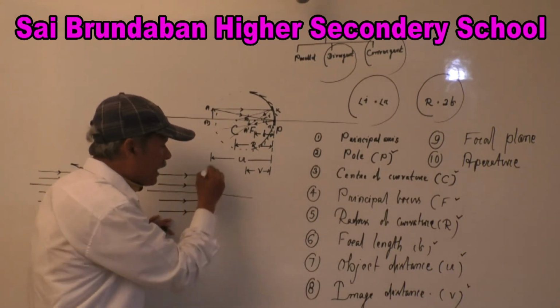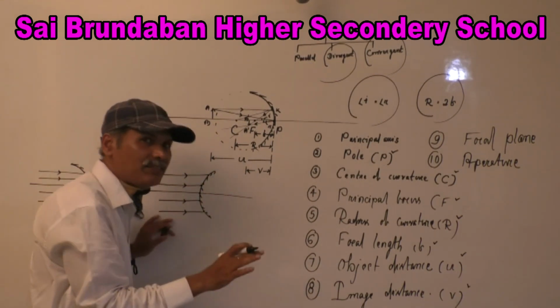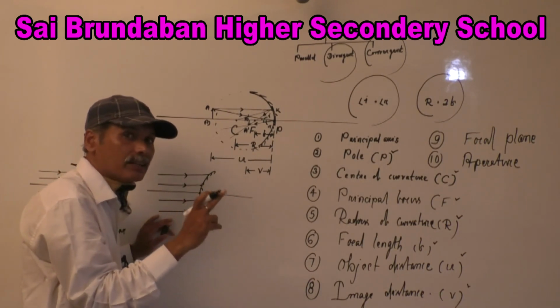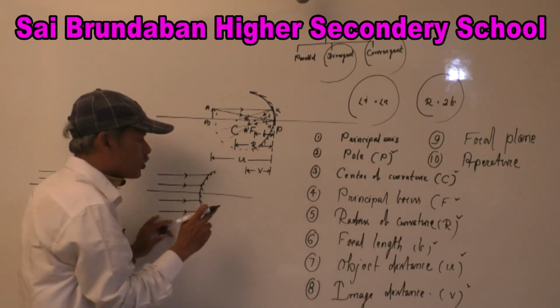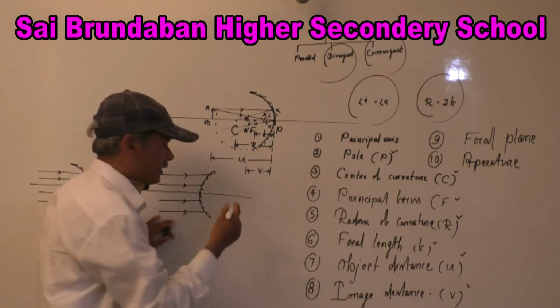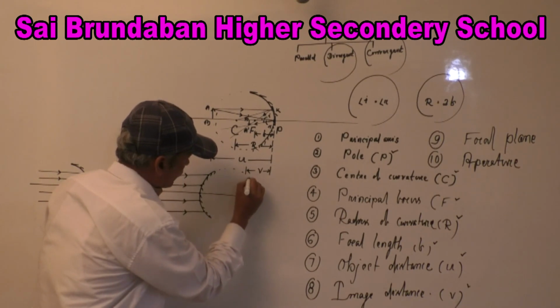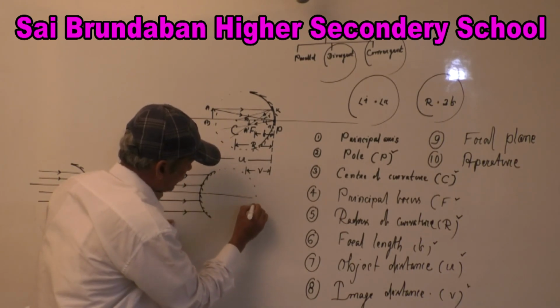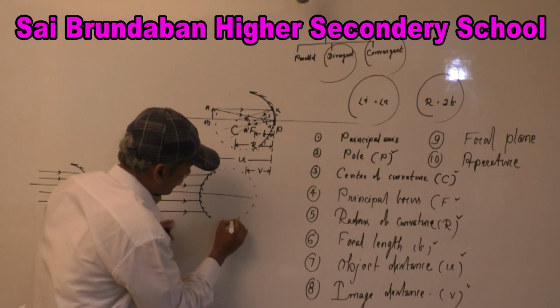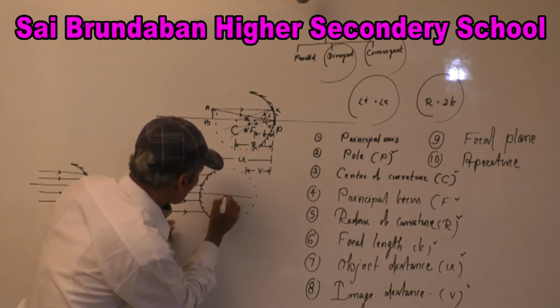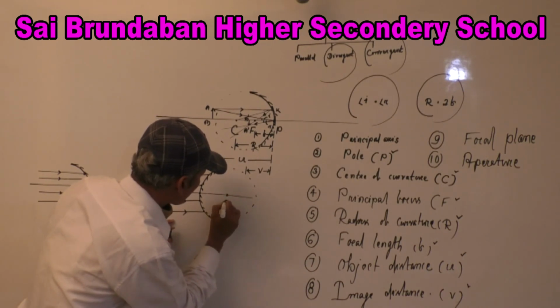First, you identify where the center of curvature will be. So, take an approximation. Here is the C.